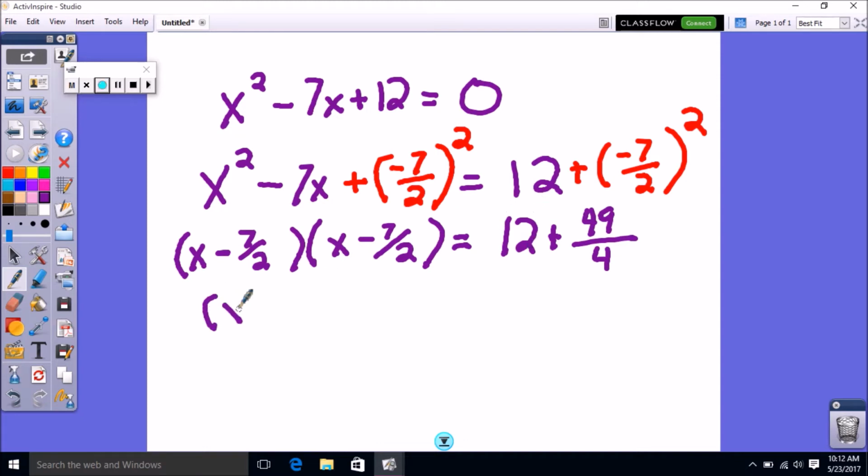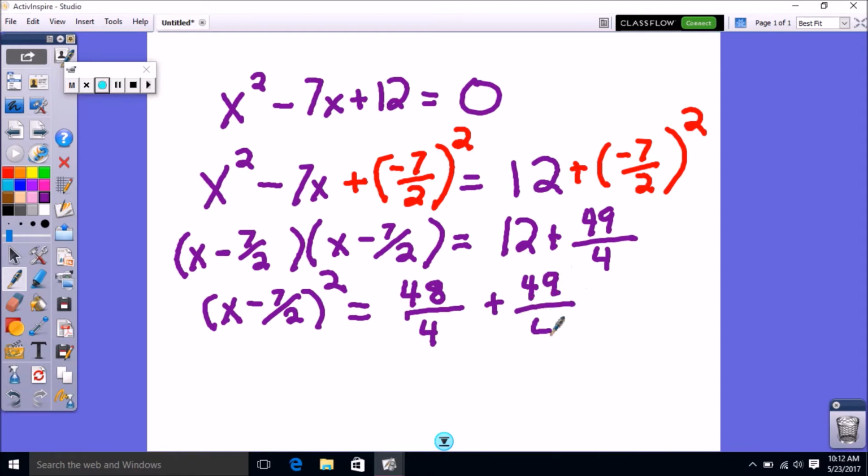I'm going to start combining some stuff here. So x minus 7 halves quantity squared. In order to add the 12 and the 49 fourths, I have to have like denominators. So 12 over 4 would not simplify, it would be 48 fourths when converted to fourths.